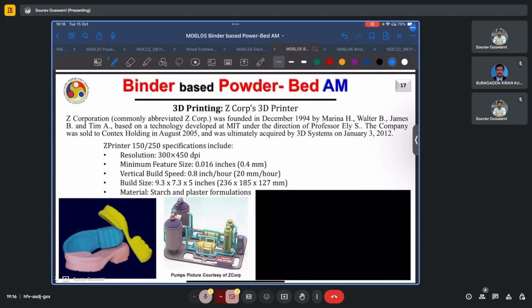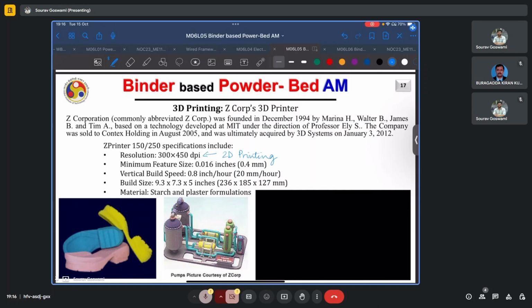And some specifications of the Z printer 15250R. Resolution in terms of DPI, 300 into 450 DPI. This resolution is defined in a fashion similar to 2D printing, dots per inch.